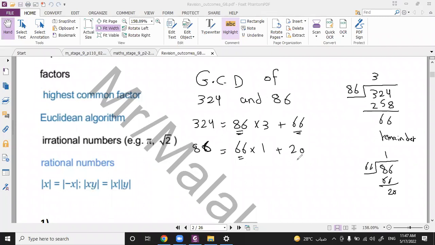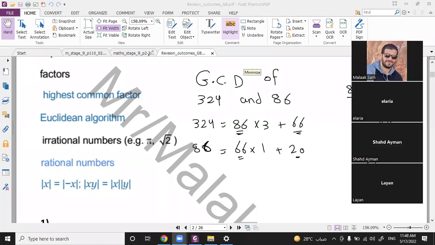Do you know it? Liane, are you with me? 66 divided by 20. Liane, go on. 66 equals 20 times 3 plus 6.